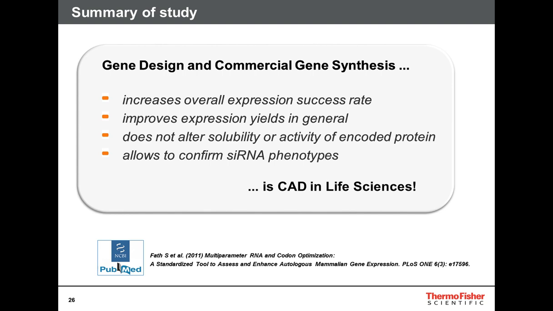So the summary of the study is that we could show with 50 genes that gene synthesis and gene optimization really increases the overall expression and the success rate of successful protein expression. It improves general yields, and it does not alter the solubility or the activity of the encoded protein, and allows to confirm siRNA phenotypes.